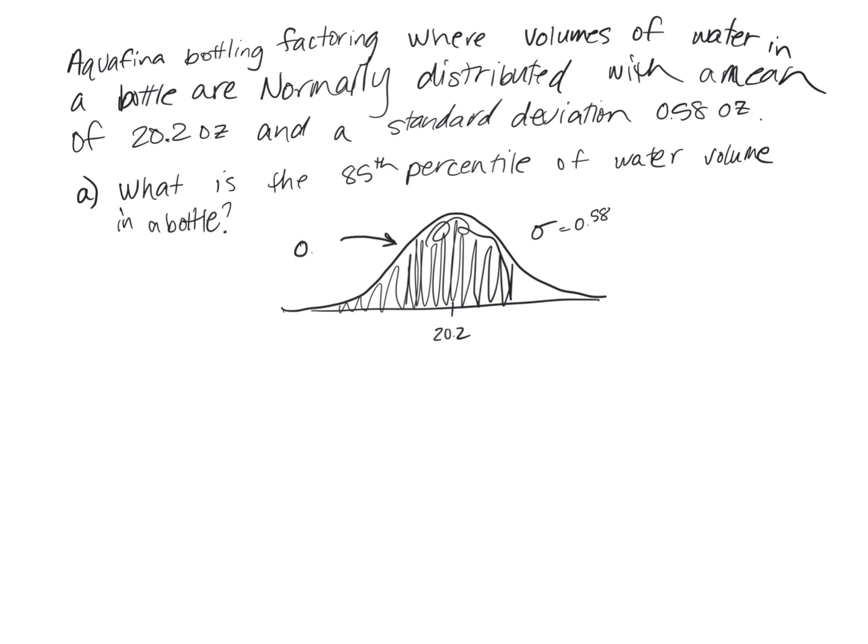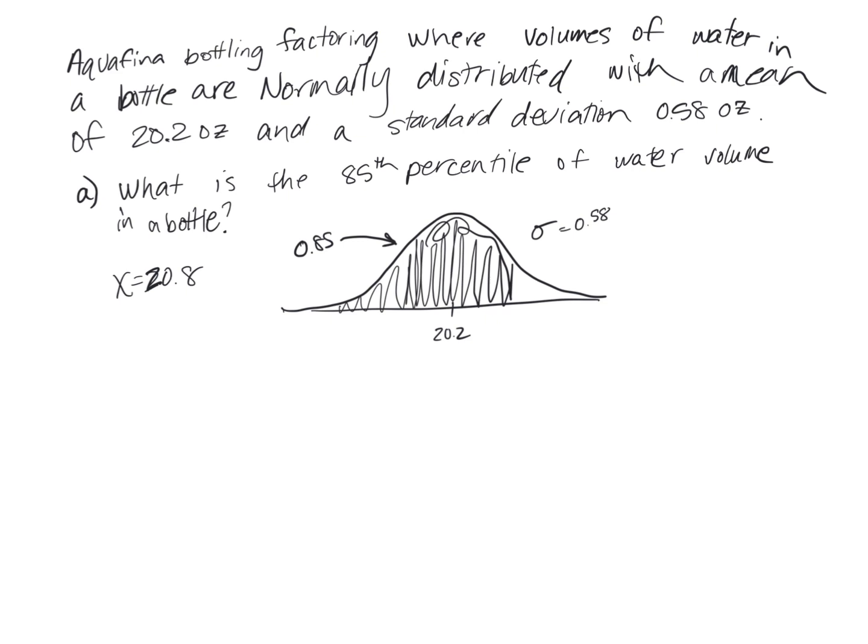It looks like about that area is about 85%. From here, we can say inverse norm in my calculator. I would imagine it's roughly 20.8. I tried to make it one standard deviation. The 84th percentile is exactly one standard deviation above the mean. So I was trying to cheat a little bit with how I did that. Because I'm a cheat.